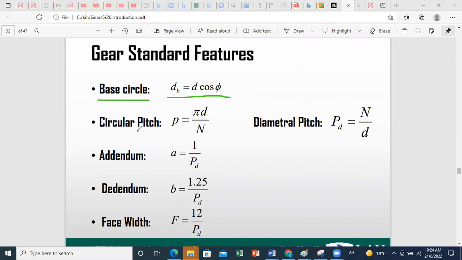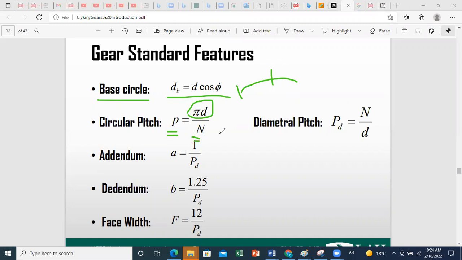We have defined, if you remember, the circular pitch. We said that the circular pitch represents the repeated pattern on the pitch circle, where you have a space and a certain tooth, and it will be equal to pi d, which is the total circumference of the pitch circle, over the number of teeth you have.